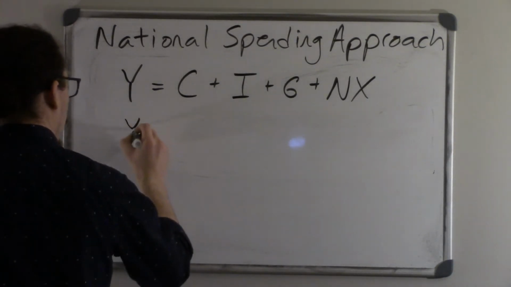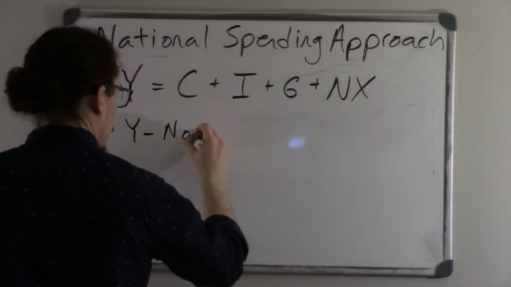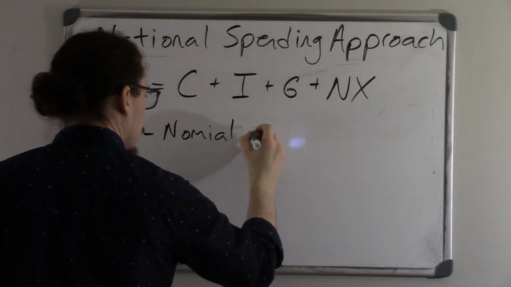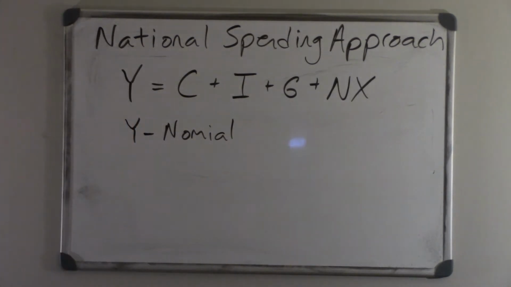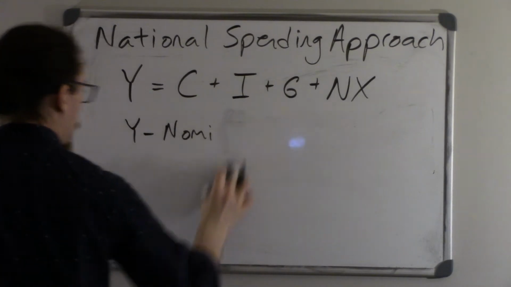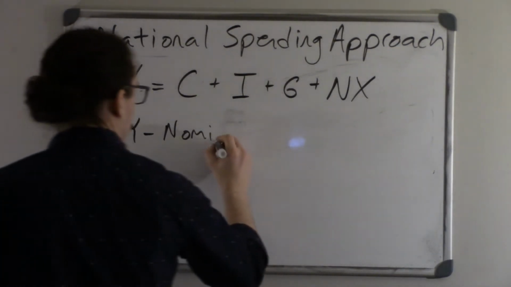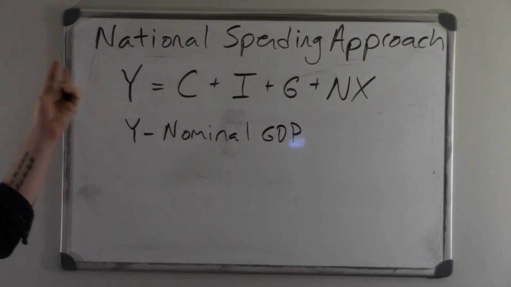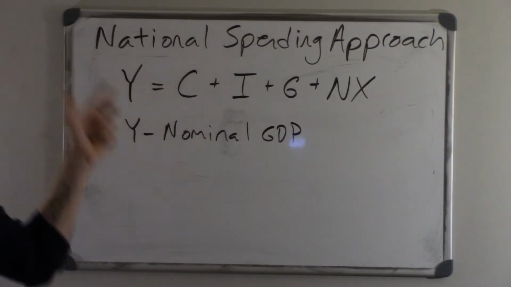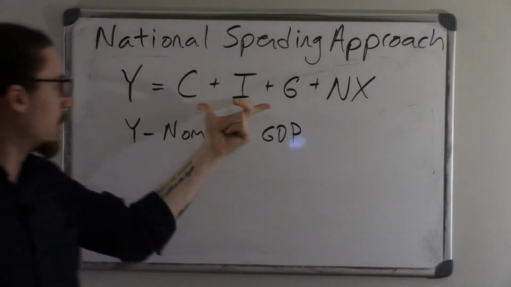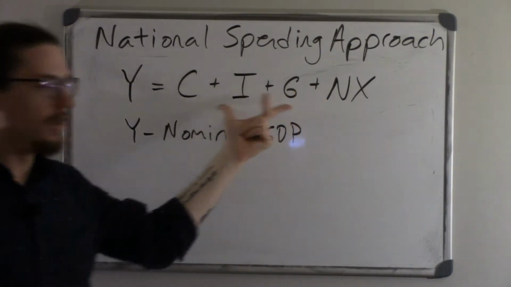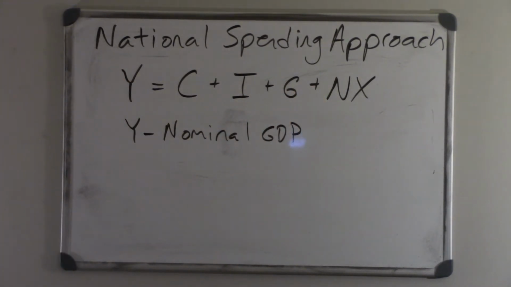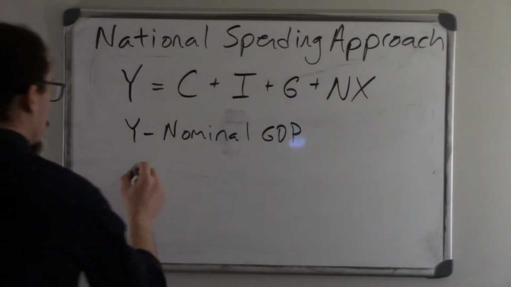Y, we're actually not going to spend that much time talking about. Y is your nominal GDP, which makes sense. We're looking at GDP and how we're going to split it up. So GDP equals all of these different categories. Y is nominal GDP.